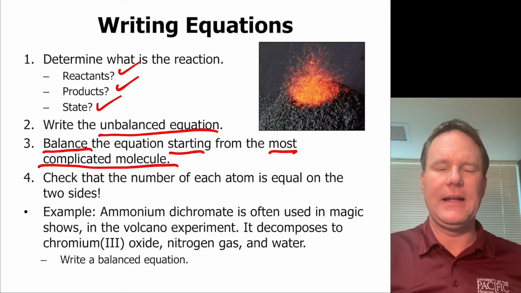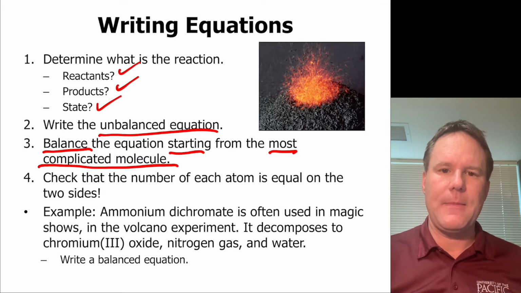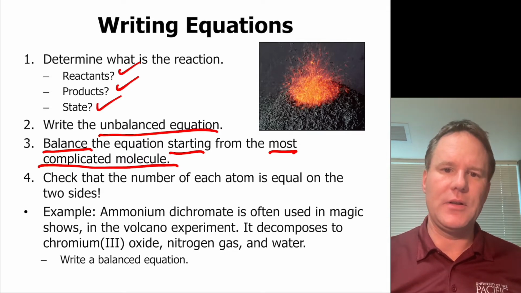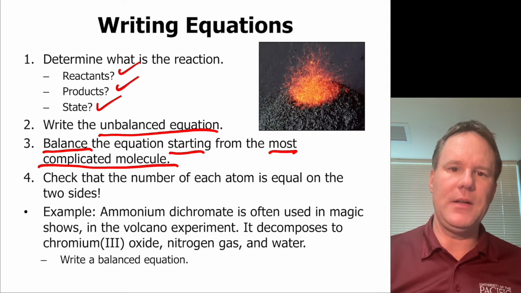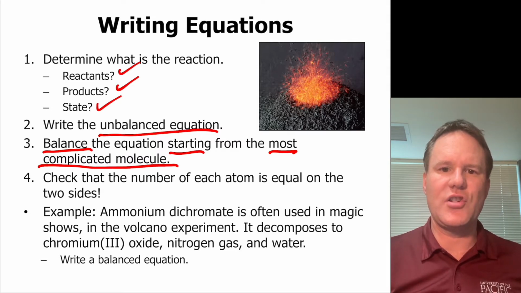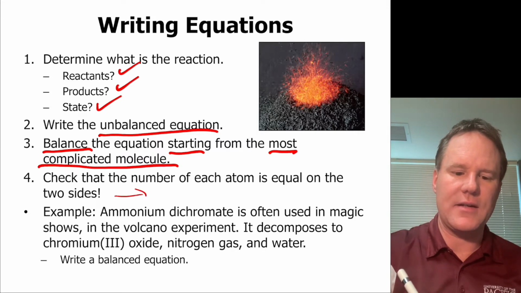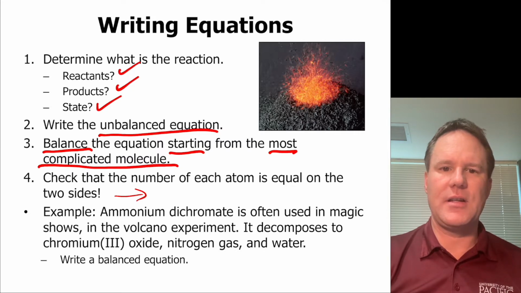What do I mean by that? You start out with the element that only appears in that molecule and one thing on the other side. And then go to the next one and then leave the element, very often it's actually oxygen, that happens to be in various species. And then what do you do? You check it.